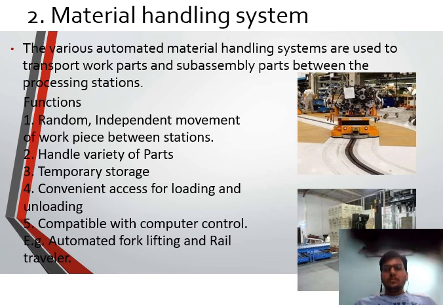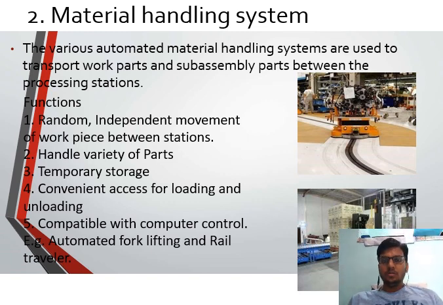These are already given in the picture. So there are also varieties of material handling system. We have already covered this topic in previous lectures, the previous unit, because there is a separate topic, automated material handling system, where we discussed in detail the different equipment used for material handling, their roles, how they work, and how they are connected.